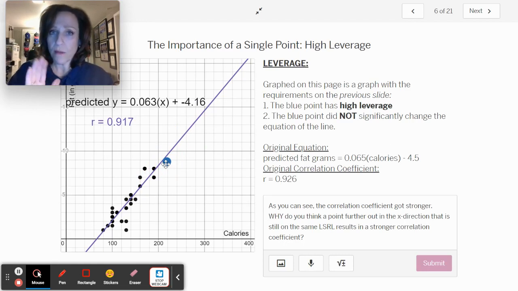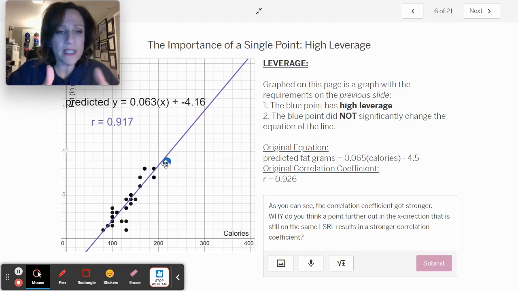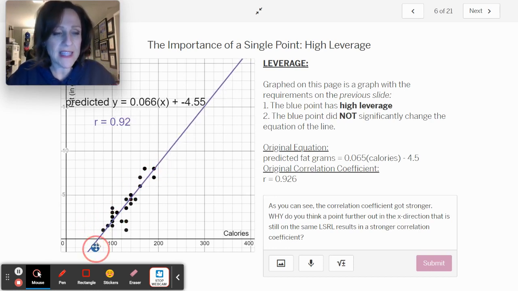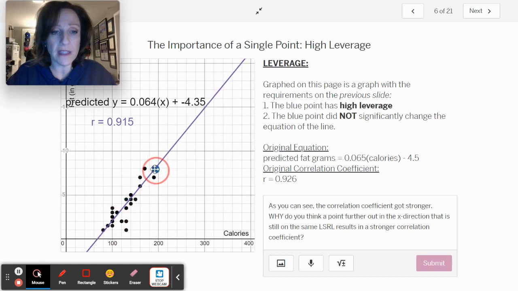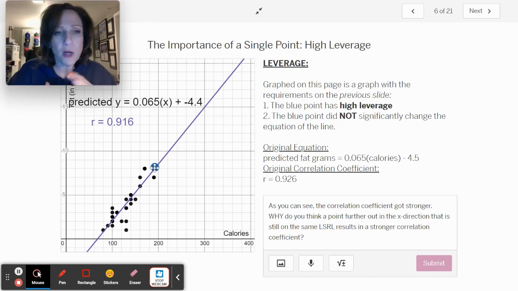When we talked about extrapolation, we said, hey, in this section of the data, that's where our equation was created from, the least squares regression line. This one that's the 0.4645 slope minus 4.5. Okay, so there's my correlation.